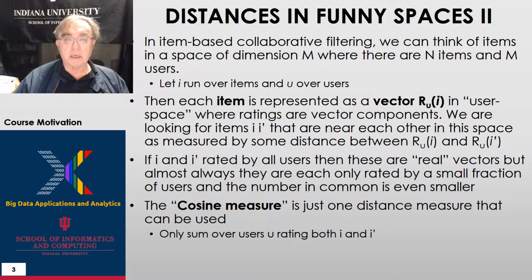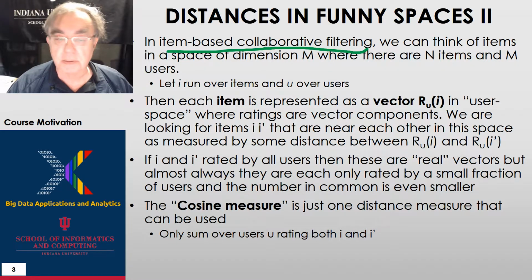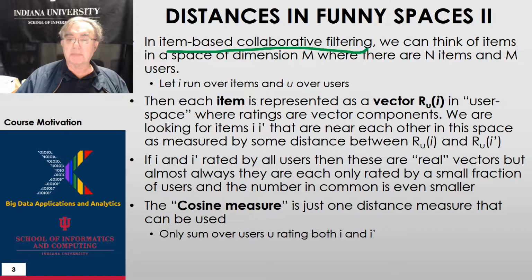Alternatively, if you do item-based collaborative filtering, you think of items as the points, and they're in a space of dimension m where there are m users. Now each item is represented as a vector in a user space, and the ratings of the users are the vector components. We're looking for items that are near each other as measured by the distance between these vectors.